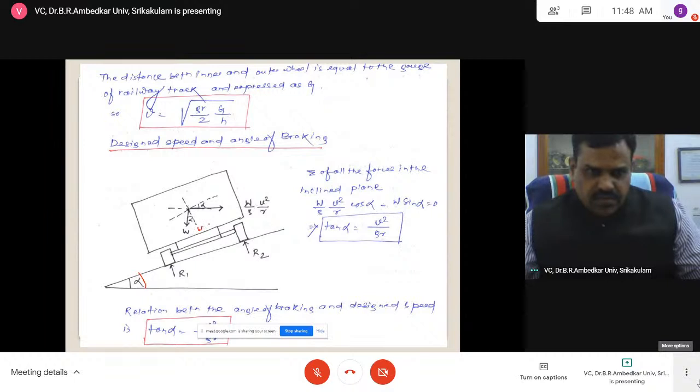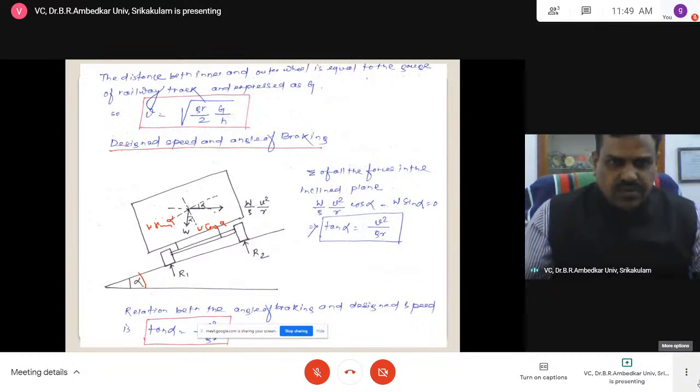This is W cos alpha, and this is W sin alpha. This mass into V square by R resolved along this axis: this into cos alpha and this into sin alpha.